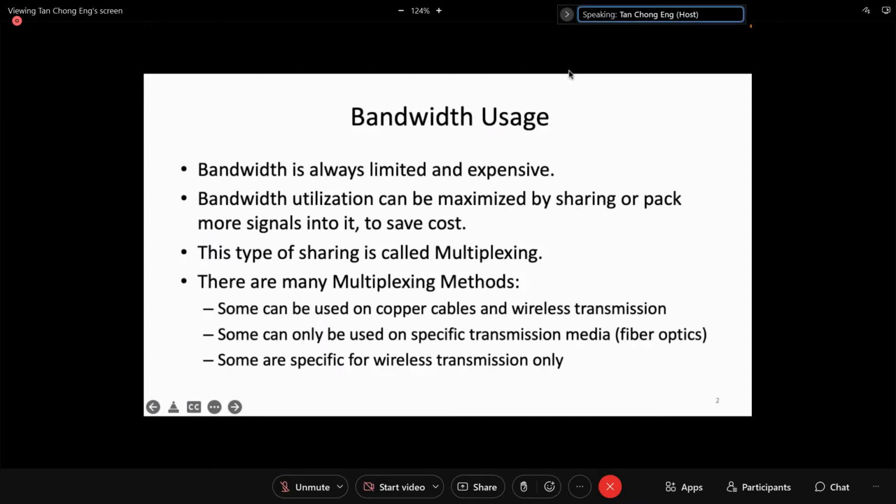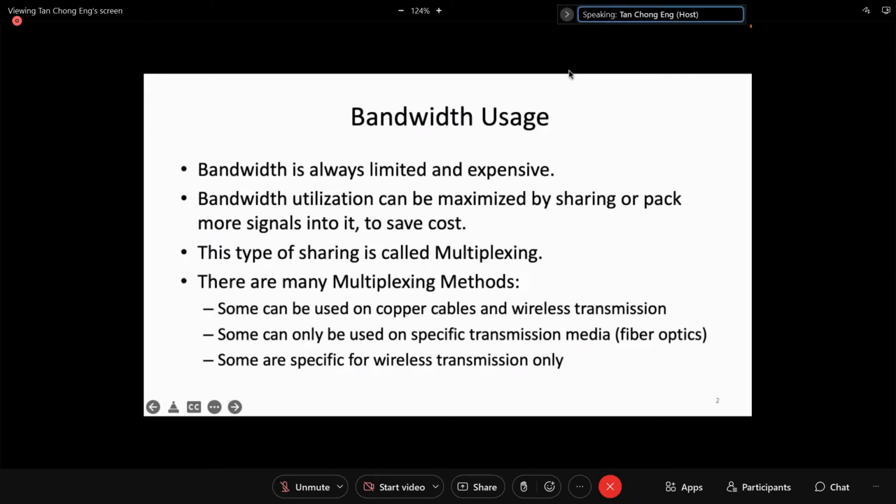For example, as we have gone through in the physical layer on transmission media, different transmission media will give you different bandwidth. The transmission media carries the signal, and what kind of frequency this signal can carry will decide how much bandwidth you're going to get.